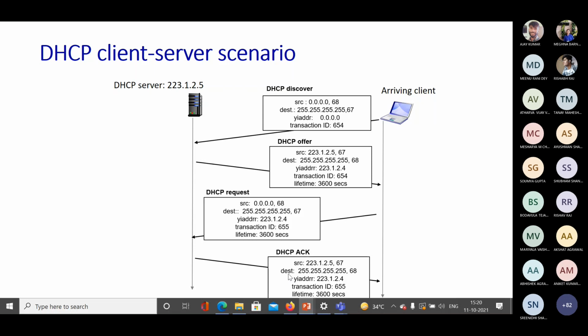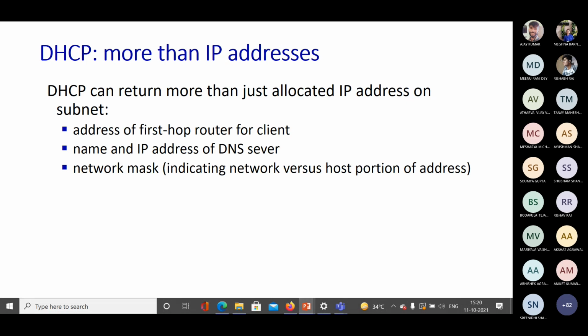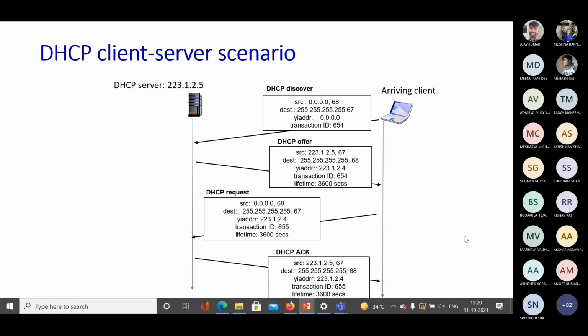Since it's broadcasting, the destination address is 255.255.255.255 and the port number is 68, and this is the IP address with the corresponding transaction ID and the lifetime of 3600 seconds. Okay. Now, once this acknowledgement is done, the arriving client is now getting the particular IP address.